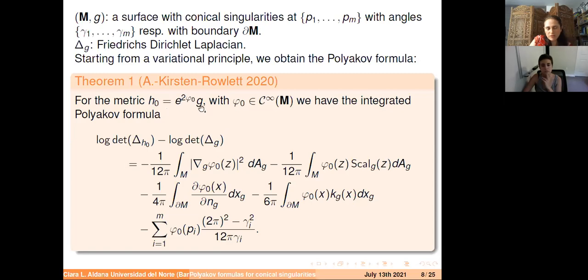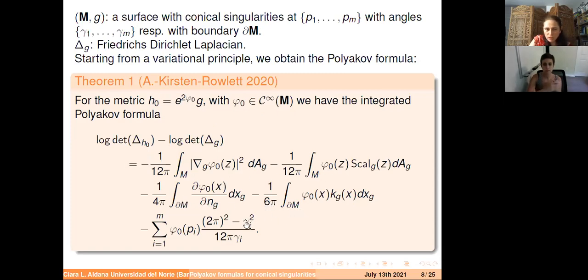So here we have the metric g, the metric h naught, that is multiplied by a conformal factor e to the 2 phi. And so the formula here is the same as we had before. So we have the same terms as we had before coming from the interior, and we have the terms coming from the boundary.